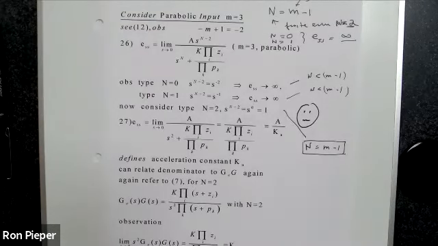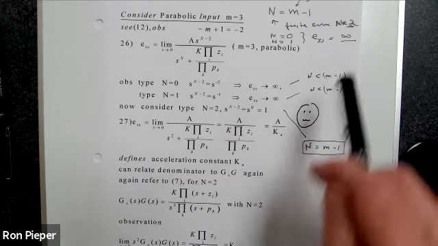Where it gets interesting again, and if you have a question, bring it up, is where we have this finite error condition, which we know will happen when we take n equal to 2.